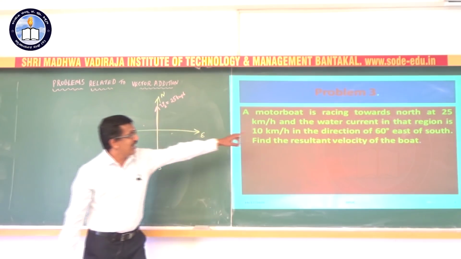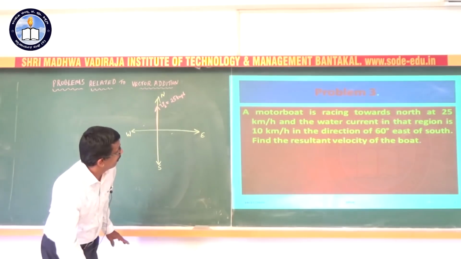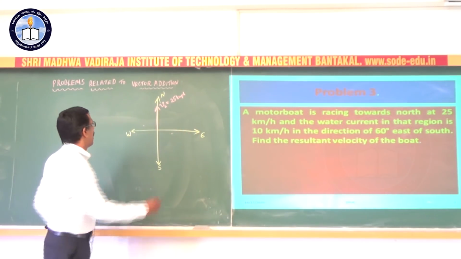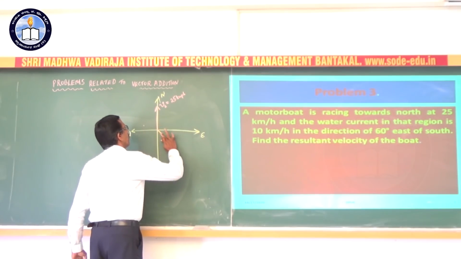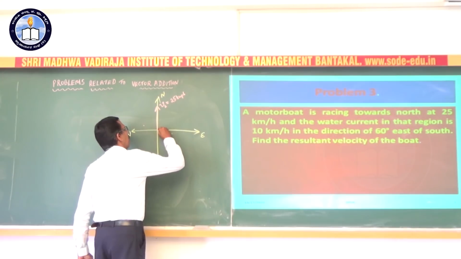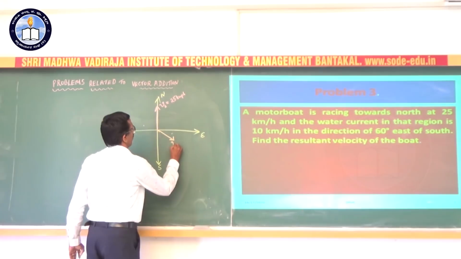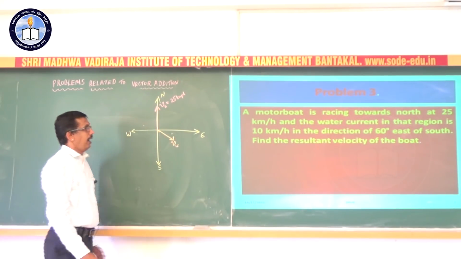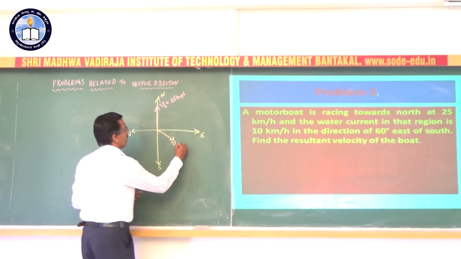And water current in that region is 10 kilometer per hour in the direction of 60 degree east of south. That means 60 degree east of south. This is direction of water current. I'll write VW for velocity of water current.